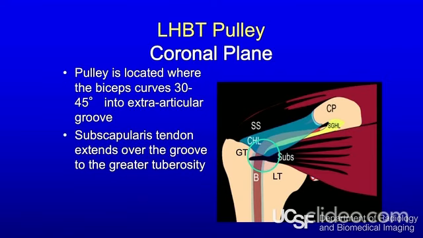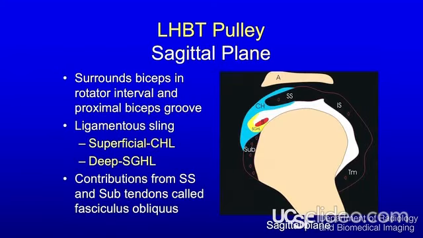So you need to stabilize the biceps here because it's going at an angle and it's subject to subluxation and dislocation there. And the pulley does that. So here's a pulley in the sagittal plane. Notice the biceps above the subscapularis and below the supraspinatus in red, your coracohumeral ligament on top, and your superior glenohumeral ligament in yellow on the bottom.